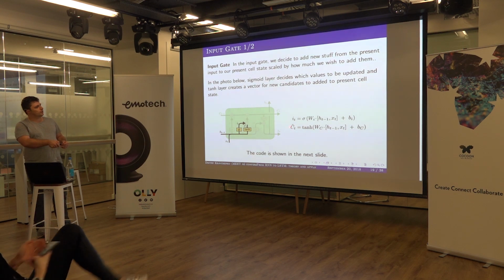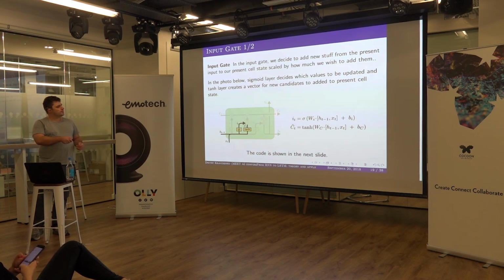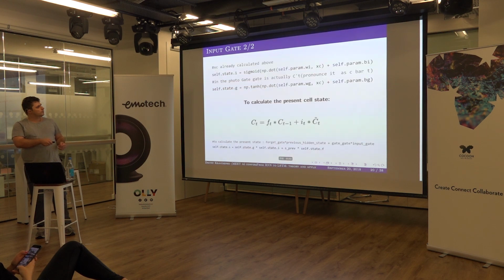But here I used another symbol, but basically they both come to this element-wise multiplication, and then they go to the C, to the output of the current cell, and to calculate the hidden state over these operations.